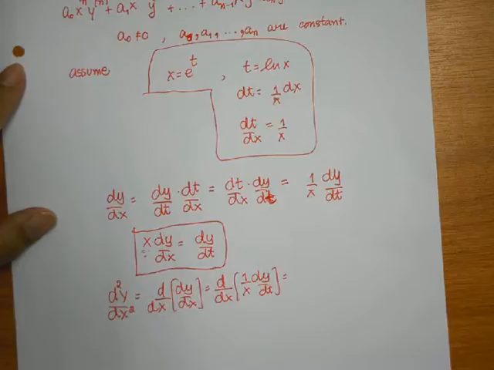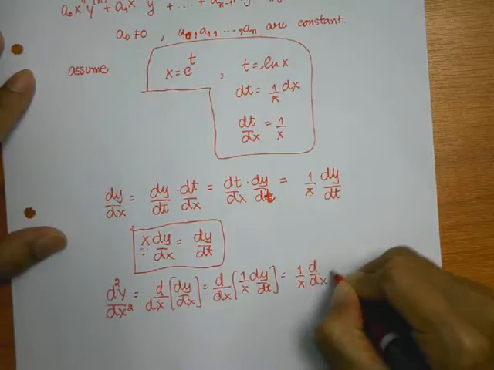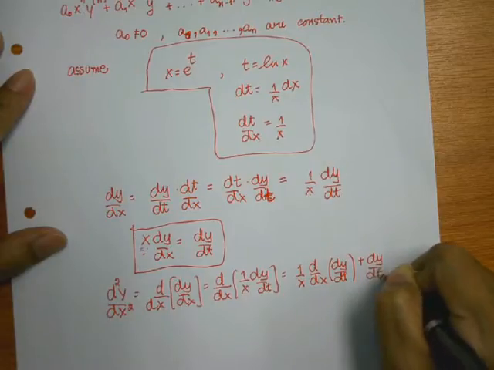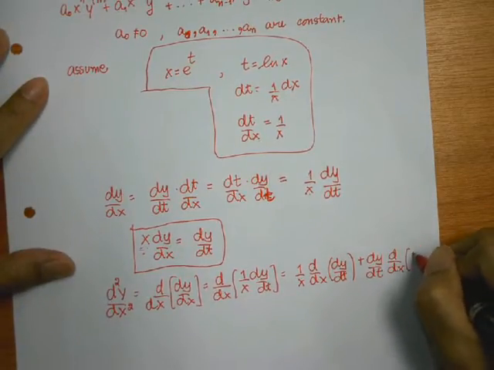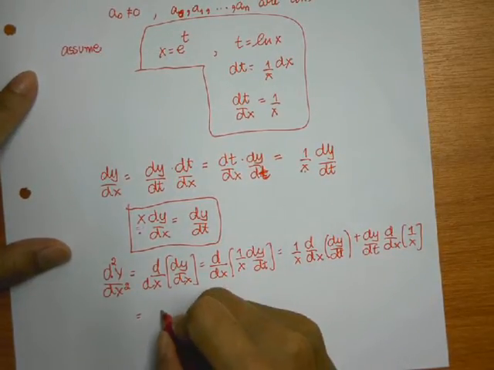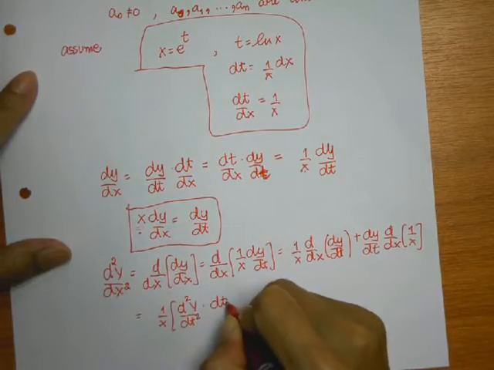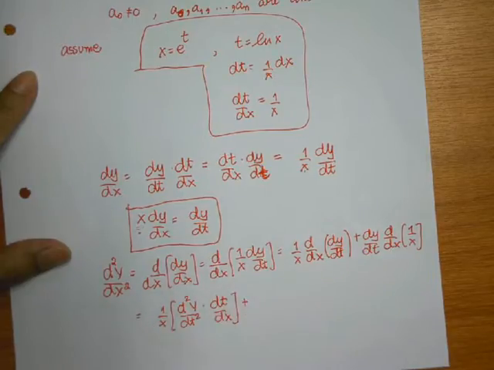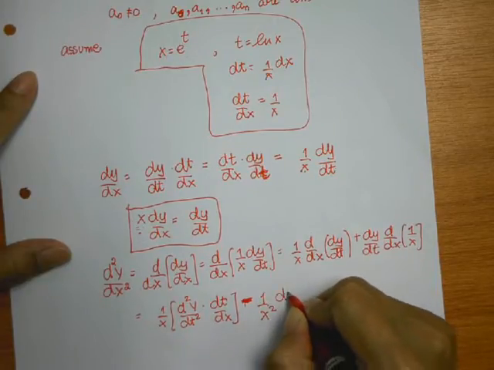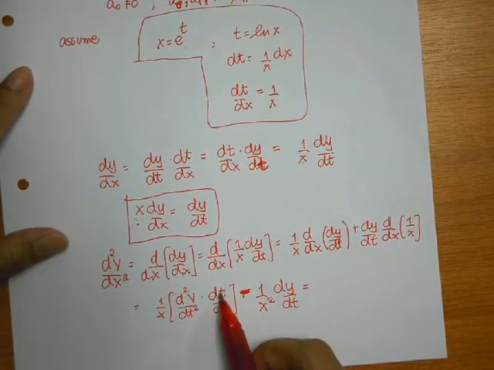Okay, so we take the derivative of this term, which is equal to minus, and then dt by dx is equal to 1 over x.